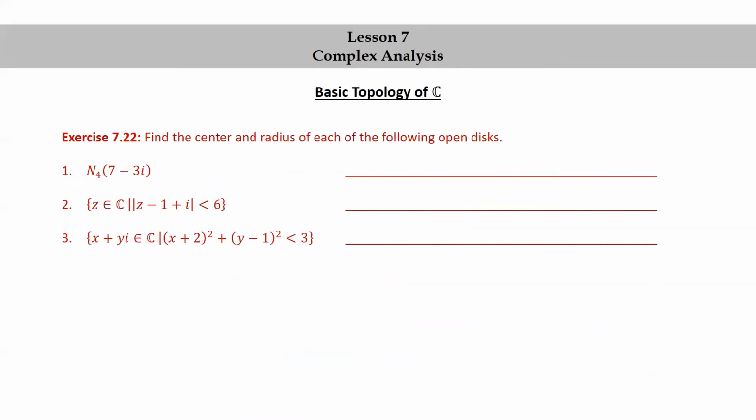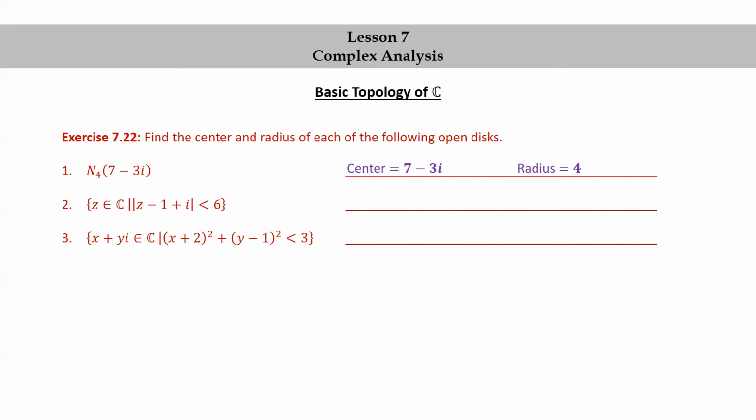Let's try another exercise. Find the center and radius of each of the following open disks. Now's a good time to pause the video, try this exercise yourself, and then resume the video to check your answers. N sub 4 of 7 minus 3i. The center is 7 minus 3i. The radius is 4.